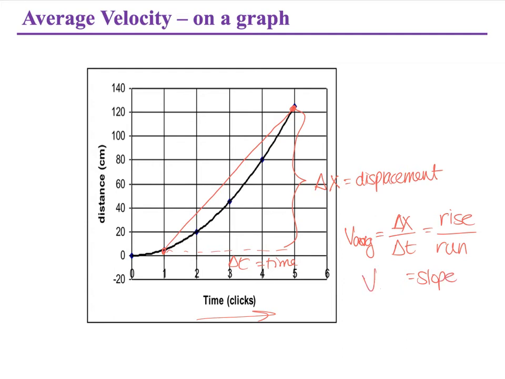So when we're finding the average velocity on a graph of an object's motion, it's actually the slope of the line that joins the 2 points.